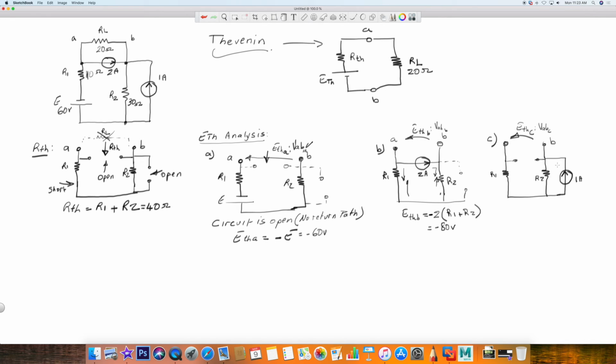Notice now we have a complete loop between the 1 amp generator and R2. The circuit through R1 is open, so there is no current through R1. So A technically can be below R2 in terms of measuring voltage between A and B. So vis-a-vis VAB, and again, the voltage is opposite, so this will be a negative value.